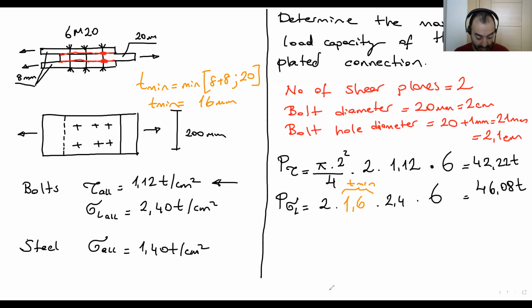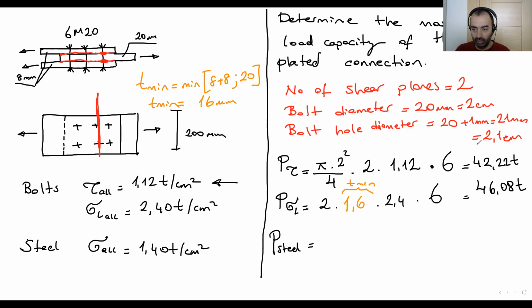Let's do it. P steel: the area, but we're gonna calculate this area on the most critical section, where we have two bolts.